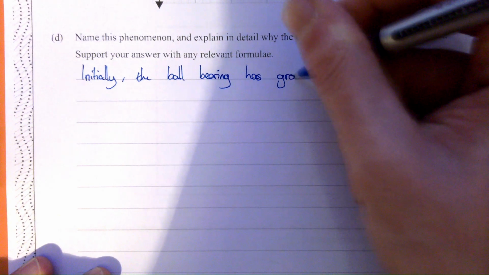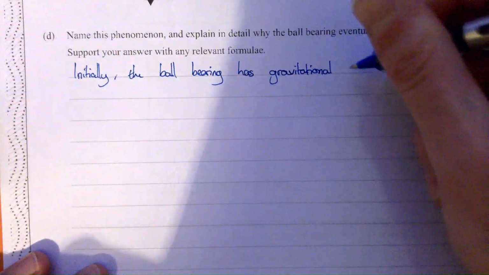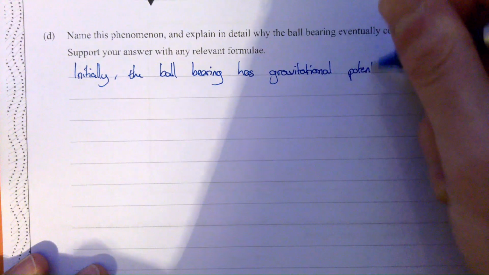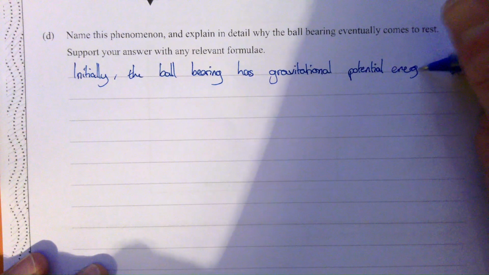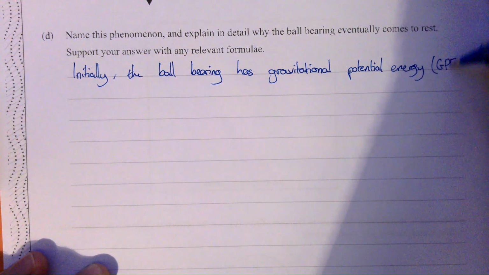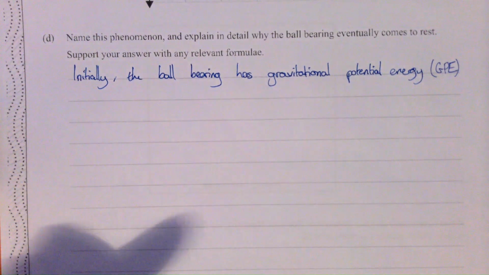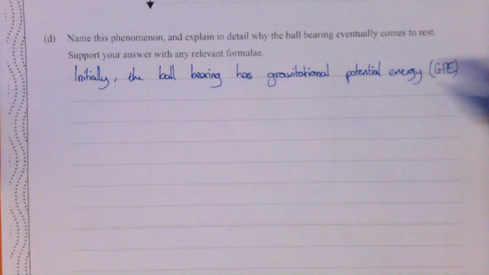Initially, the ball bearing has gravitational potential energy, which, if you're writing questions about gravitational potential energy, write it out first in full, in brackets, put GPE next to it, so that the next time you want to write this out, you can just write GPE and not have to write the whole thing.